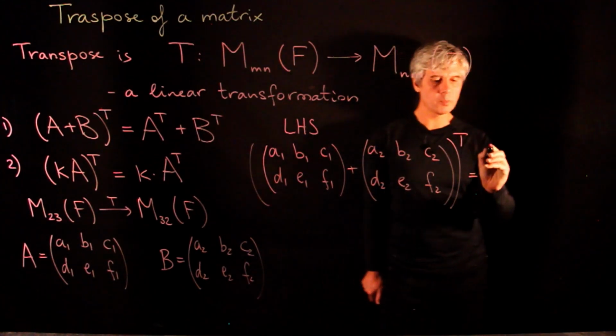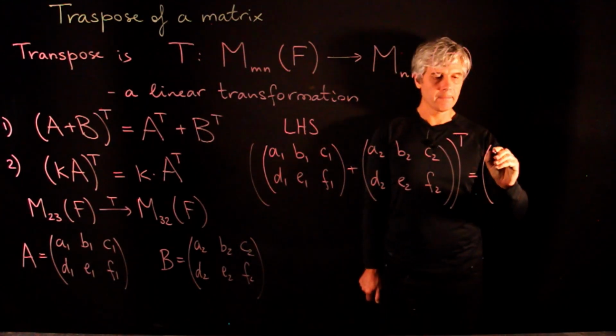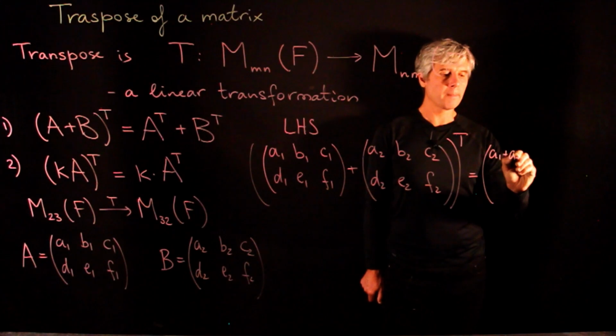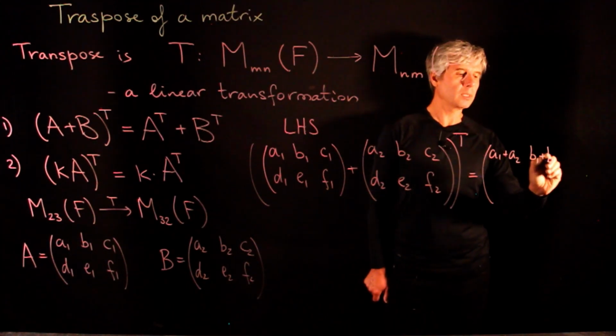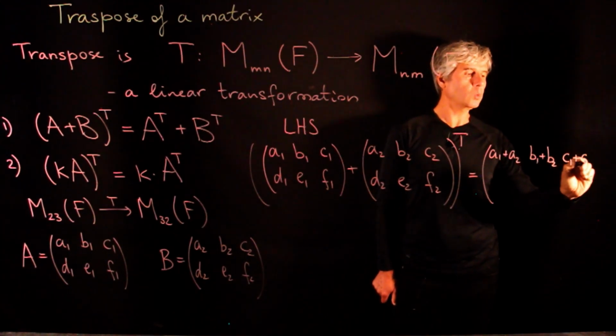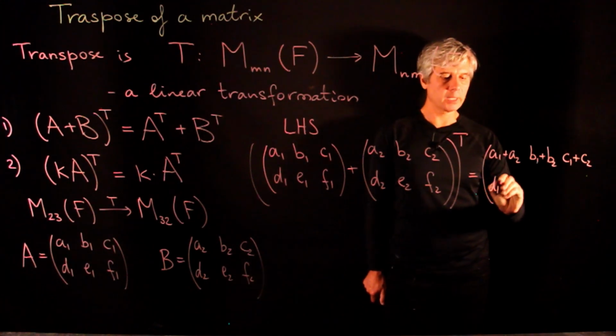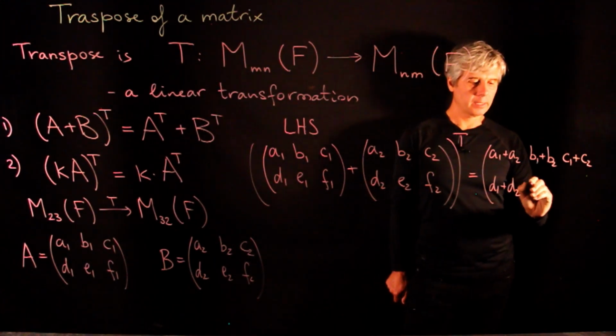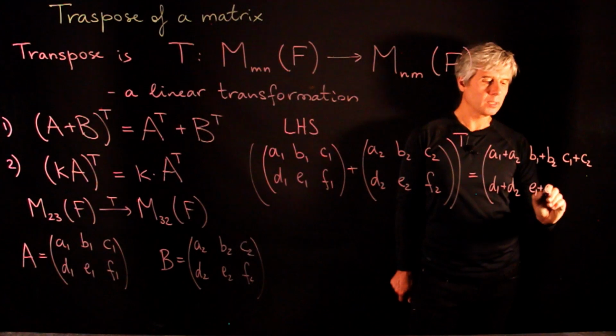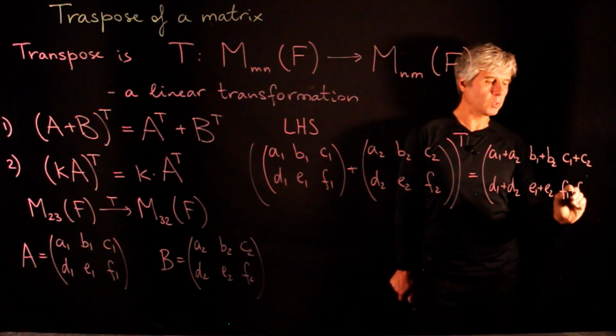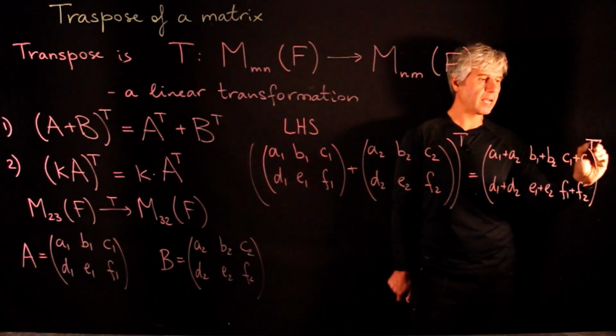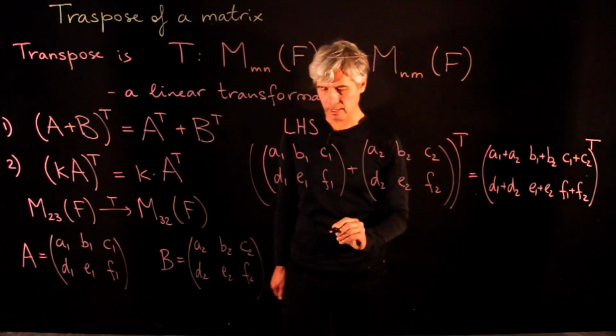So the sum of these two matrices is going to be A1 plus A2, B1 plus B2, C1 plus C2, D1 plus D2, E1 plus E2, F1 plus F2, and then we take the transpose of this whole thing.